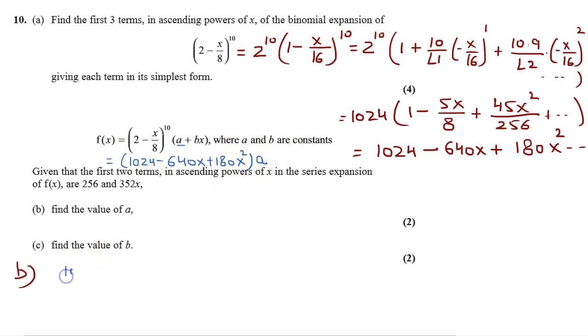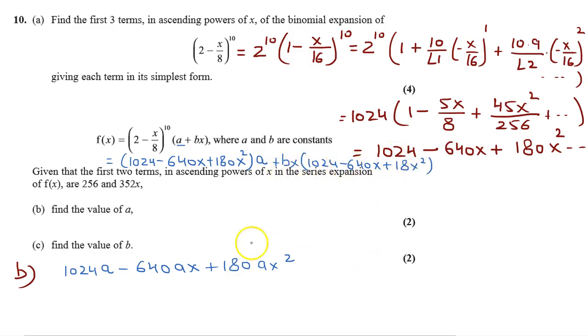So it will be 1024a minus 640ax plus 180ax square, plus bx also, plus bx times (1024 minus 640x plus 180x square).